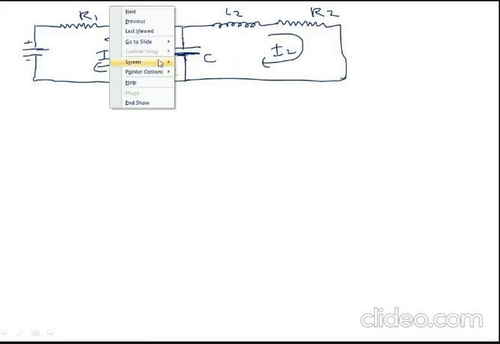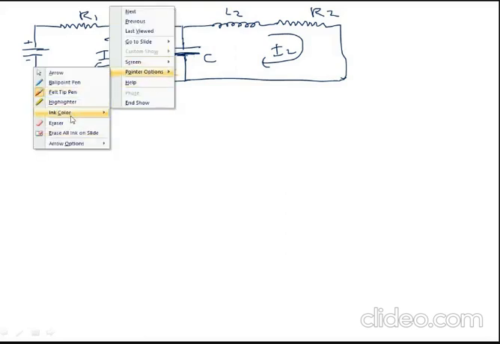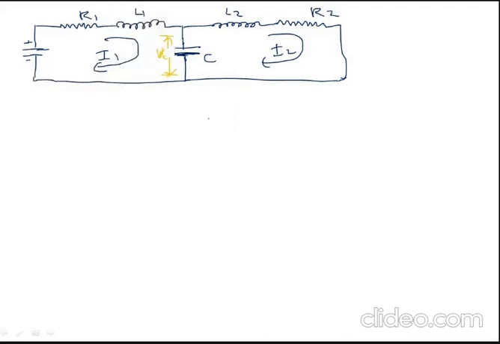Now in this problem, he has asked you to find the state model, and he has given the state variables: I1, I2, and VC are the three state variables.